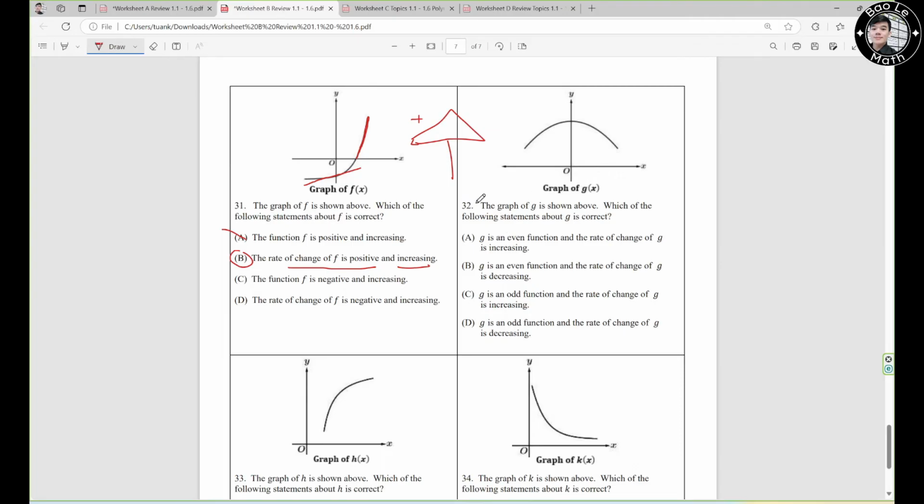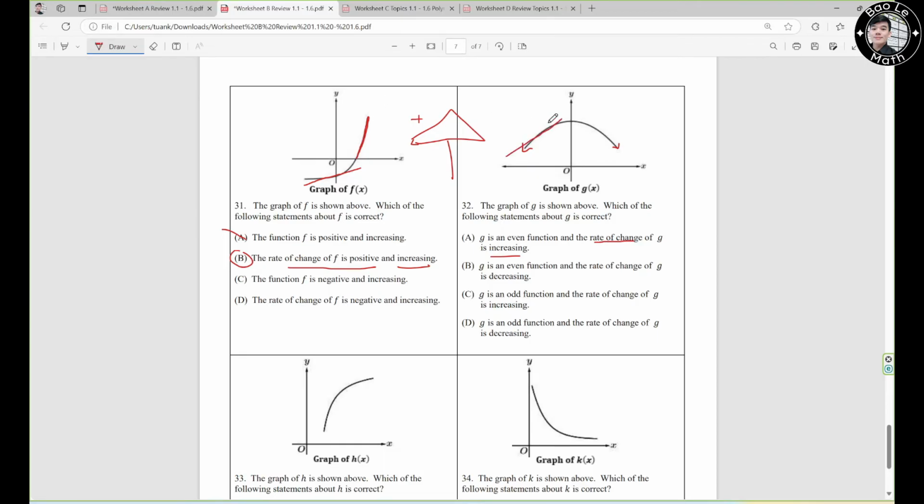Okay, question number 32. The graph of function g is shown. Which of the following statements is true about the function g? Question A. The function g is an even function. Yes, because they have the same end behavior. And the rate of change of g is increasing. Now we need to draw the tangent line right here.